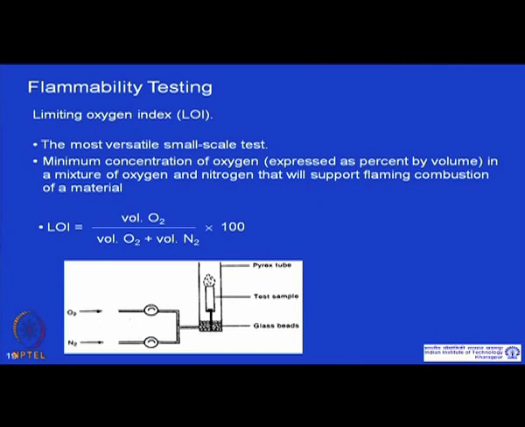Now, how long the flaming will happen has to be fixed for comparing between materials. Typically, it is 3-minute burning or flaming. So, what is the experiment? Oxygen and nitrogen are mixed, and it starts with pure nitrogen and oxygen is increased slowly to find out the minimum oxygen required, in terms of volume percentage in this mixture, to sustain this flame for a specified time, say 3 minutes.